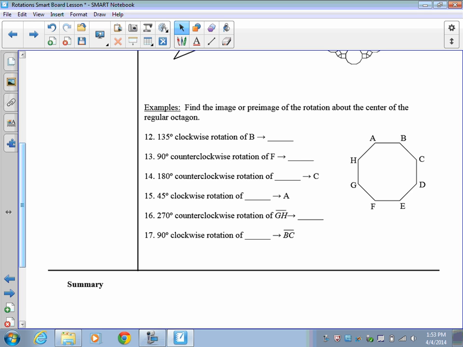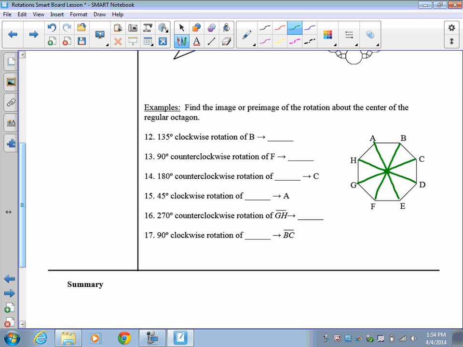So the last type of example we have here is numbers 12 through 17. We're asked to rotate things differently. So what you need to remember is that this is an octagon, and it's going to have all of these congruent triangles.